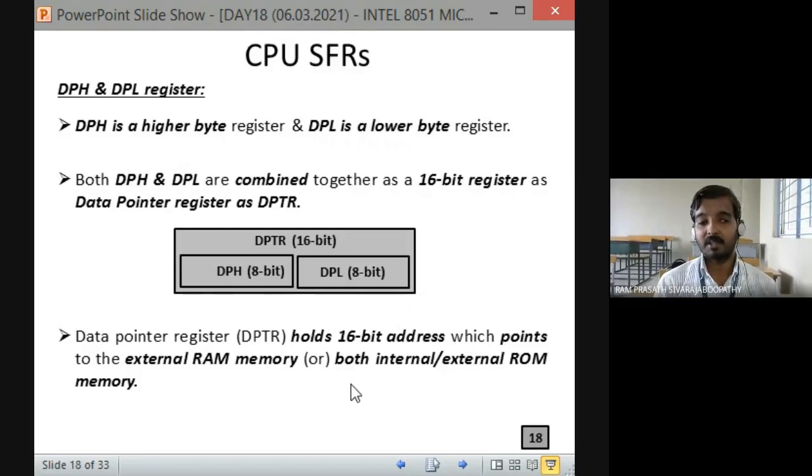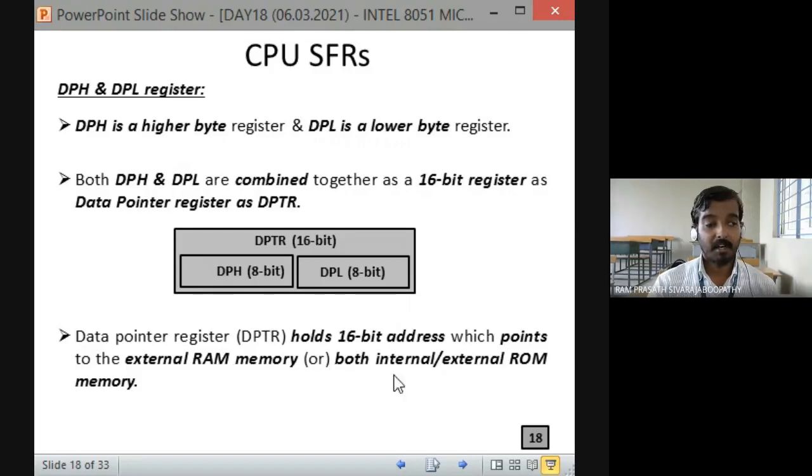Generally, what should be in DPTR? It must hold a 16-bit address. That address might be an external data memory address. Whenever you want to access the external data memory, that memory address must be put in DPTR. Fine. Is it clear?